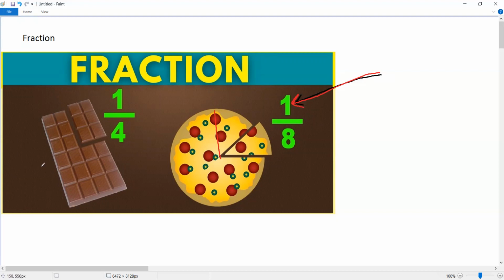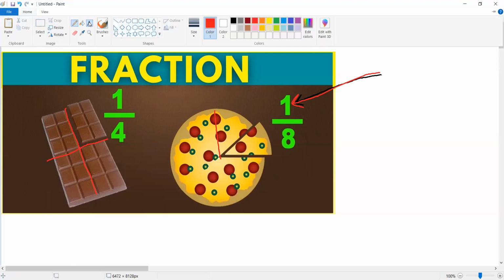Similarly, this chocolate you can divide into 4 parts. And if you eat one part out of 4, then basically it is a quarter of the chocolate, or you can say it is 1/4 part. So a fraction is a part of something, a portion from a bigger thing. Now we formally define what a fraction is.